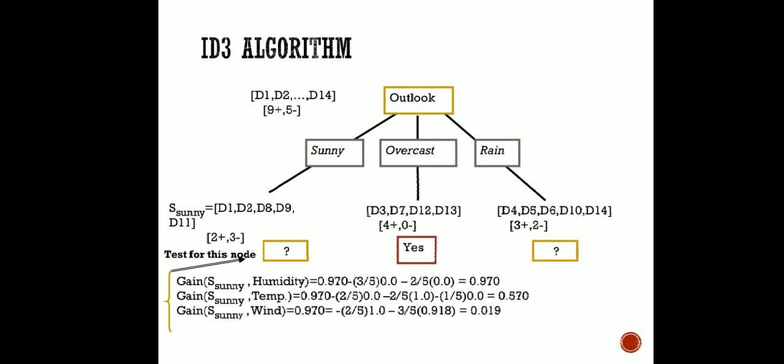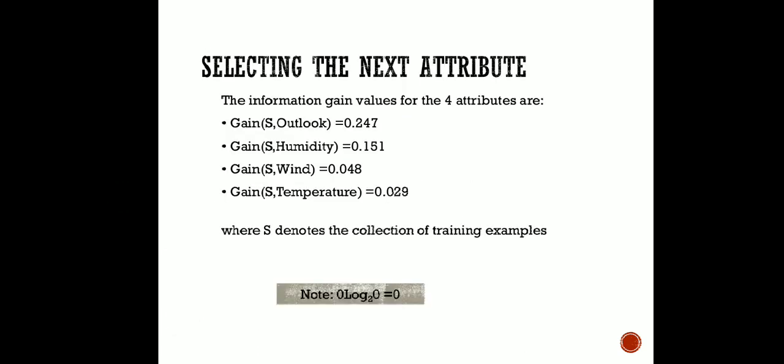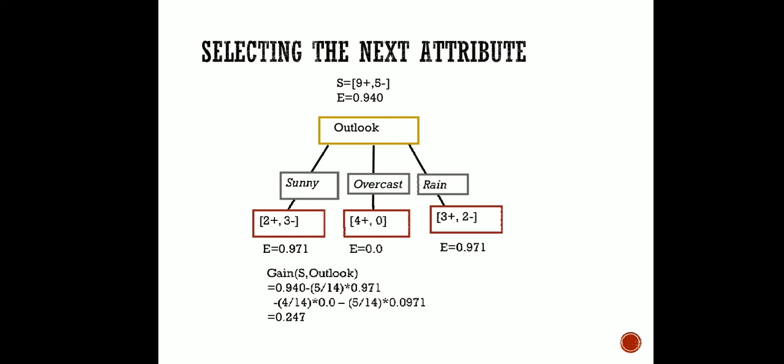Okay, so using this outlook, you can see here, for outlook, just look at this diagram, it will be clear. Just see, whenever we are choosing outlook, and if outlook is sunny, the chances of playing tennis is 2 and not playing is 3. If it is overcast, the chances of playing is totally positive. See, there is no value for negative, meaning no answer.